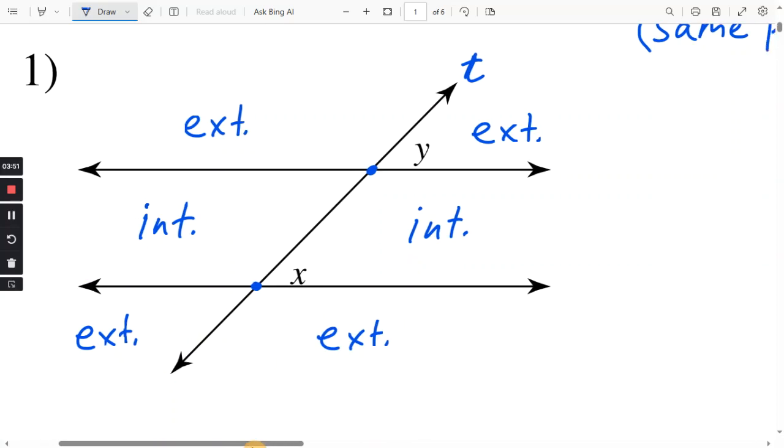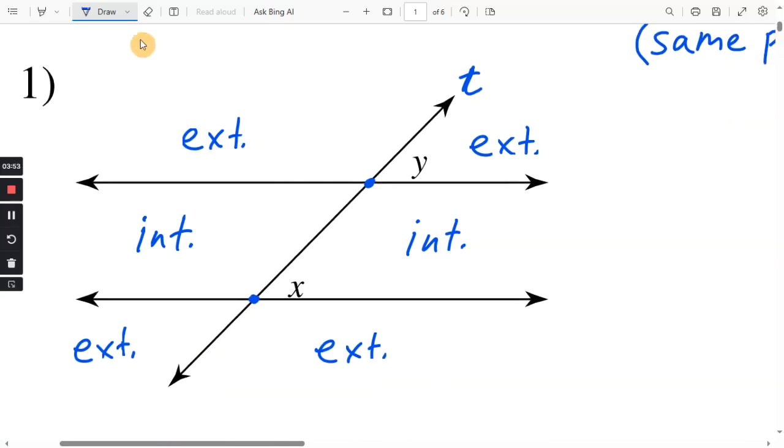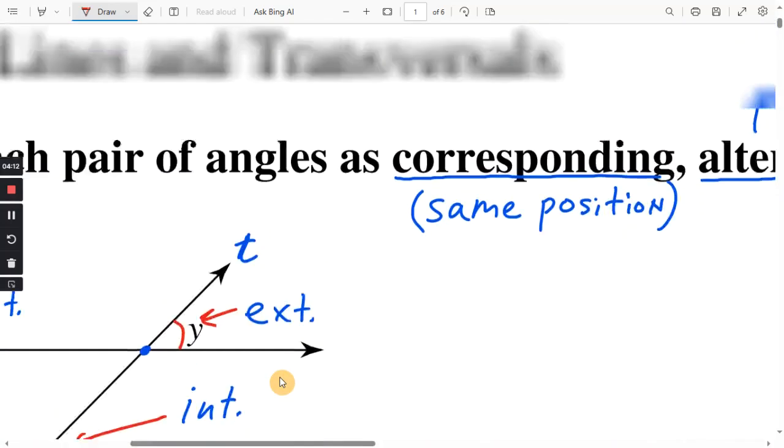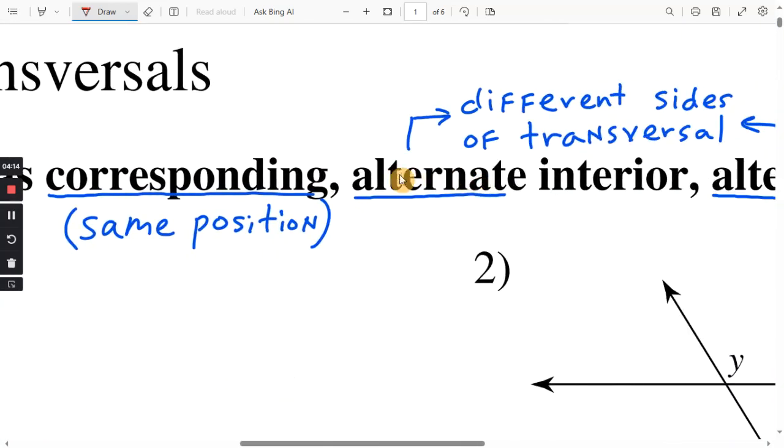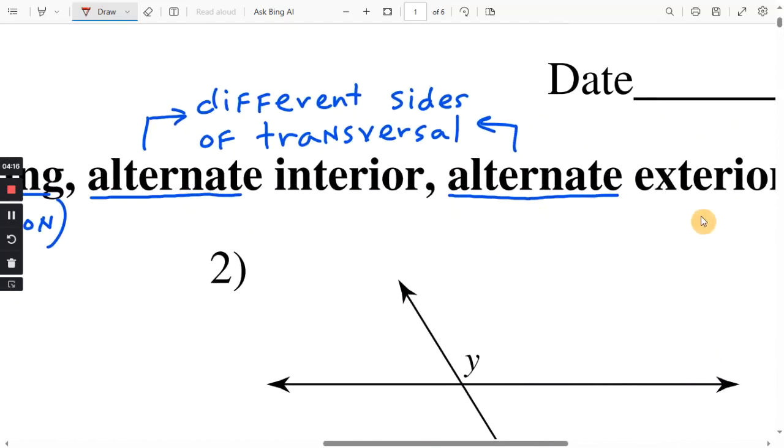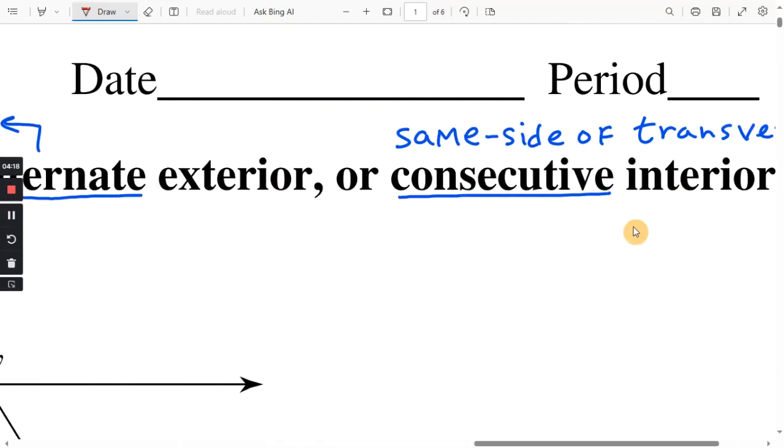All right, now let's look at the two angles given. We have angle Y right here, and we have angle X. We can see angle X is on the interior, and angle Y is on the exterior. So there's no way it could be alternate interior, alternate exterior, or consecutive interior.